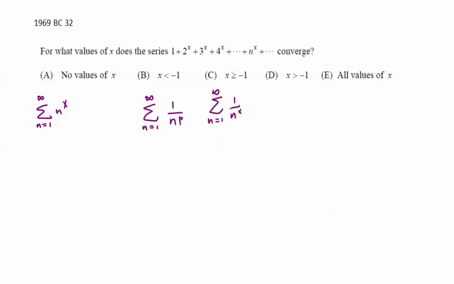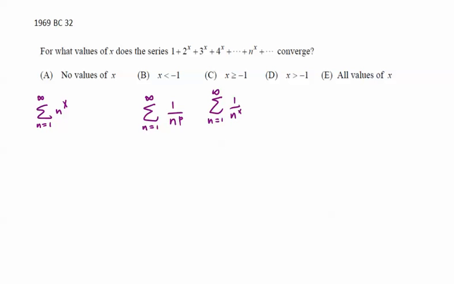So what we need here is p to be greater than 1. However, notice that the p is in the denominator there. So if we wrote this without a denominator, then we would want p to be less than negative 1.